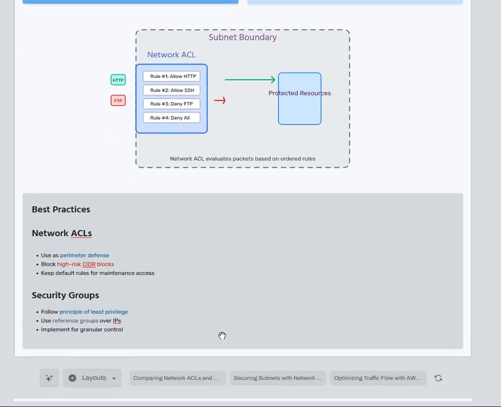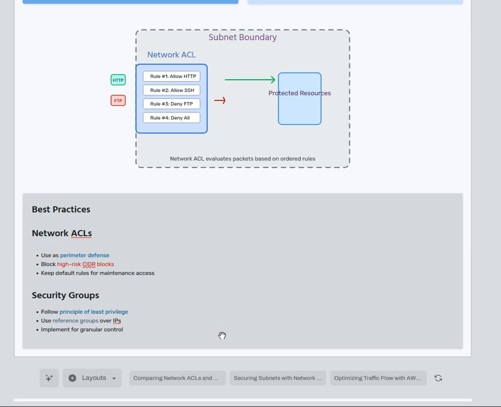Best practice, good to have a look. Network ACLs are used as perimeter defense, right? So that depends on the whole subnet, whatever is inside the whole subnet. If you don't need services, you don't allow them.